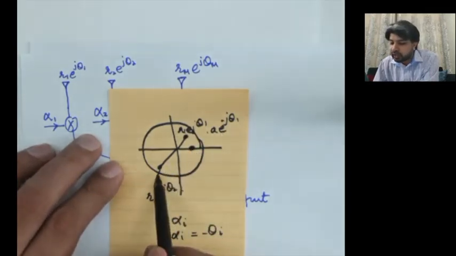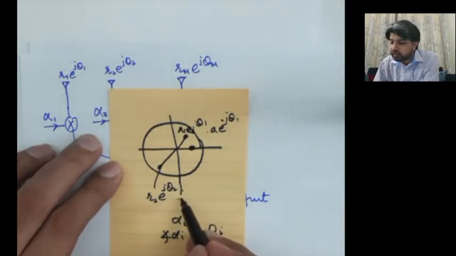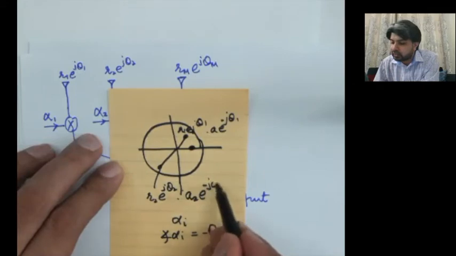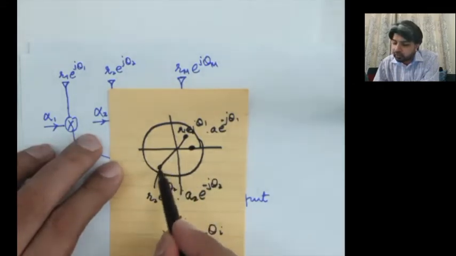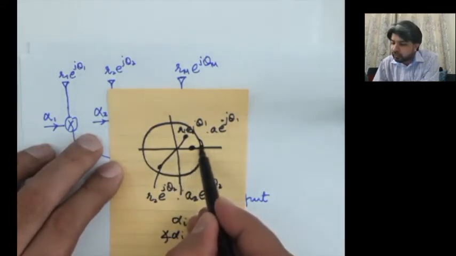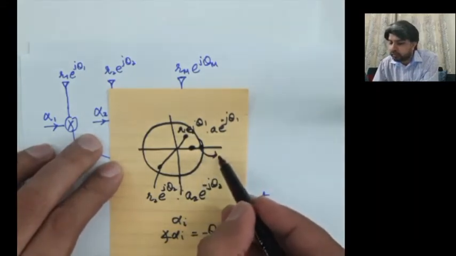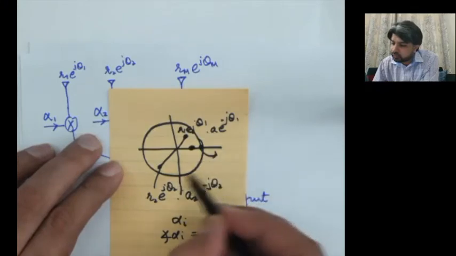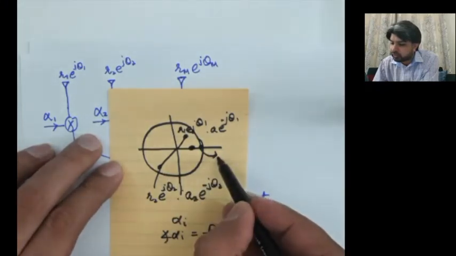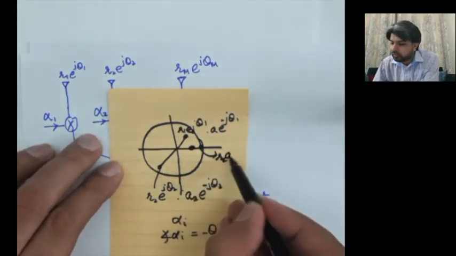Similarly, if R2 e to the power j theta 2 is multiplied with A2 e to the power minus j theta 2, that phase would be nullified again, and this complex number would come here, and that would be R2A2.